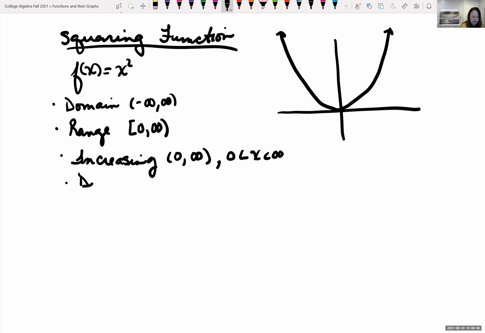It's decreasing, going downwards from left to right, from negative infinity until we hit 0. We have an x and y intercept at (0, 0).